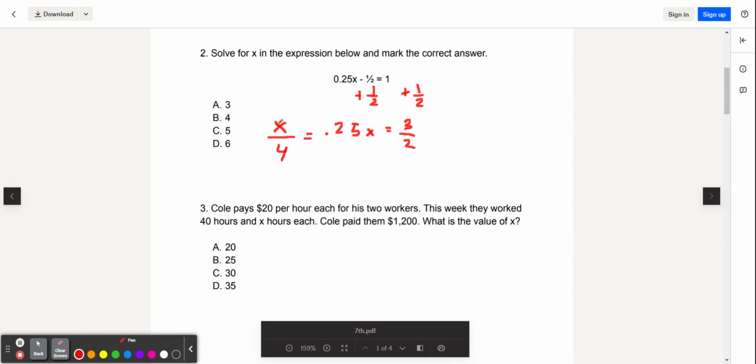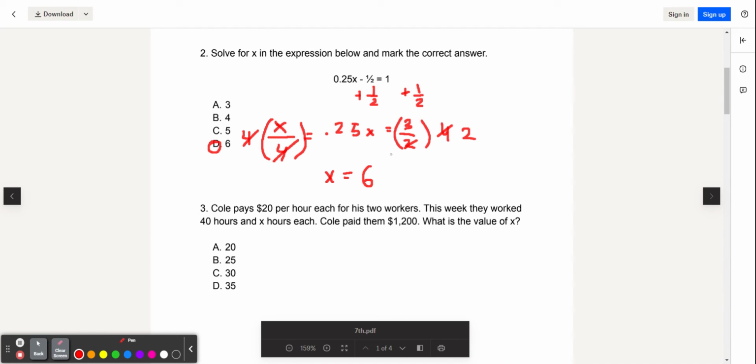In which case now, to isolate x, we multiply by the denominator. So we multiply both sides by 4. The 4's cancel here, leaving us with x. Cross cancel, dividing by 2, leaves us with 2. 2 times 3 is 6. X is equal to 6.